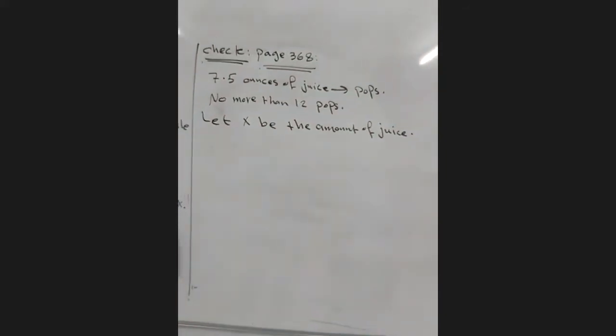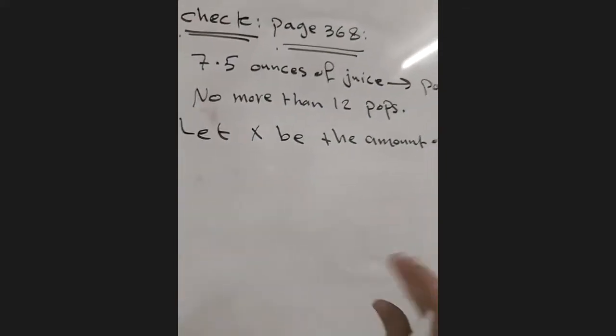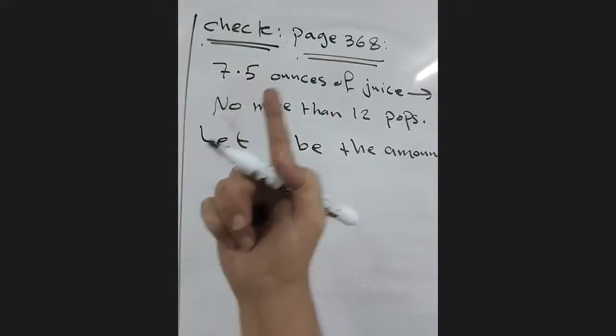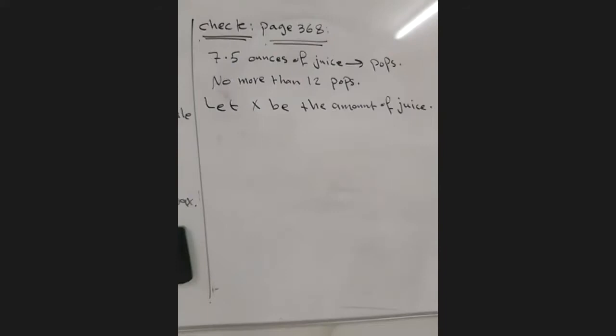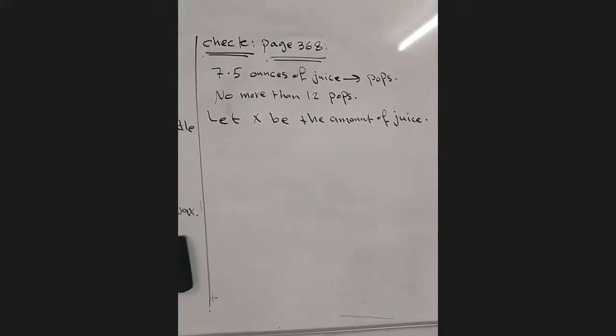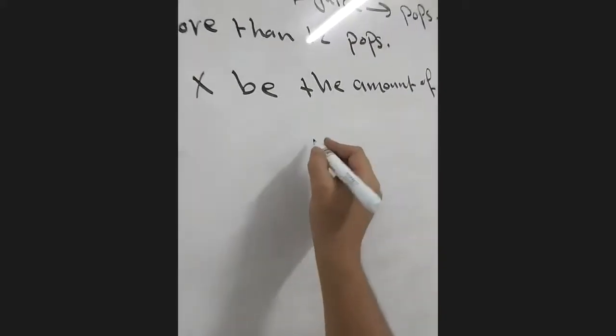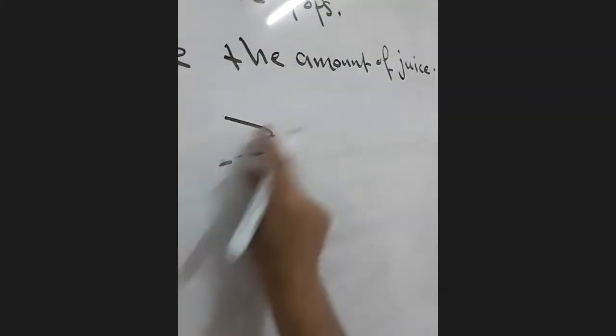Now focus with me, Dawood. Each one popsicle needs 7.5 ounces of juice, right? And we need to do no more than 12. And no more than means more than or less than or equal to what?